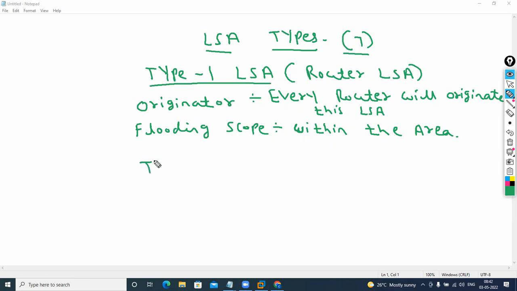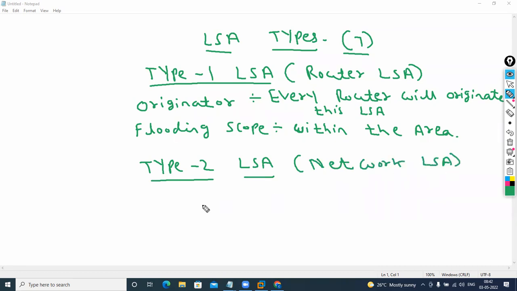So we have type 2 LSA, network LSA. Who is the originator? Who will originate this LSA? DR is the originator.